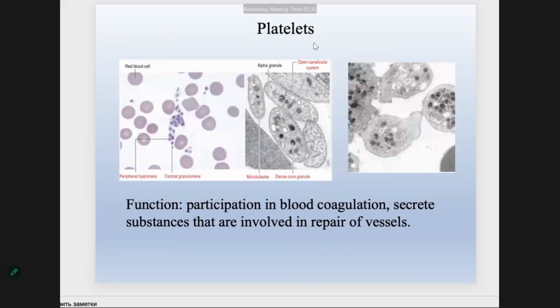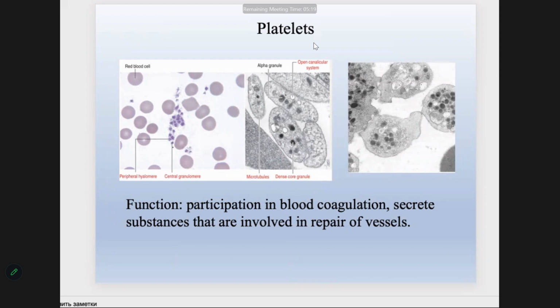And now we are speaking about the next formed element of the blood, named platelets, or another name, thrombocytes.